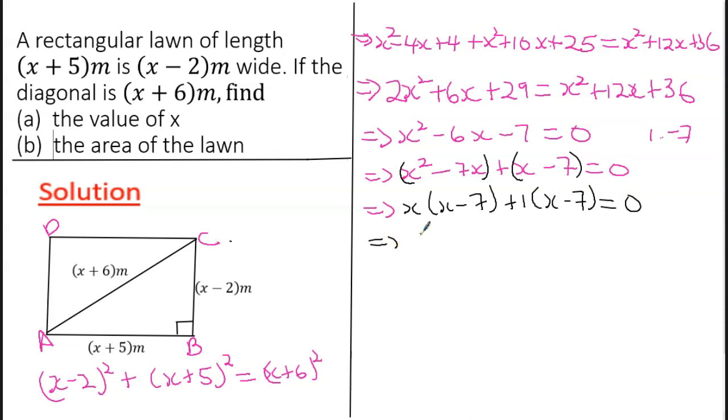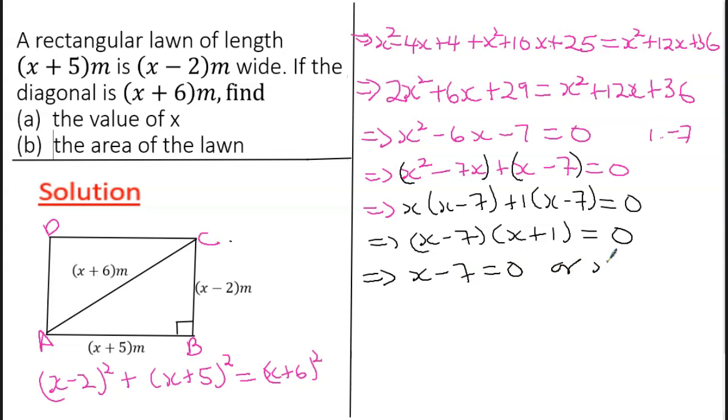So you have (x minus 7)(x plus 1) equal to 0. If you have something like this, it implies that x minus 7 equal to 0 or x plus 1 equal to 0. So we find the value of x in each case. Here, when we send minus 7 to the other side, we have x equal to 7.